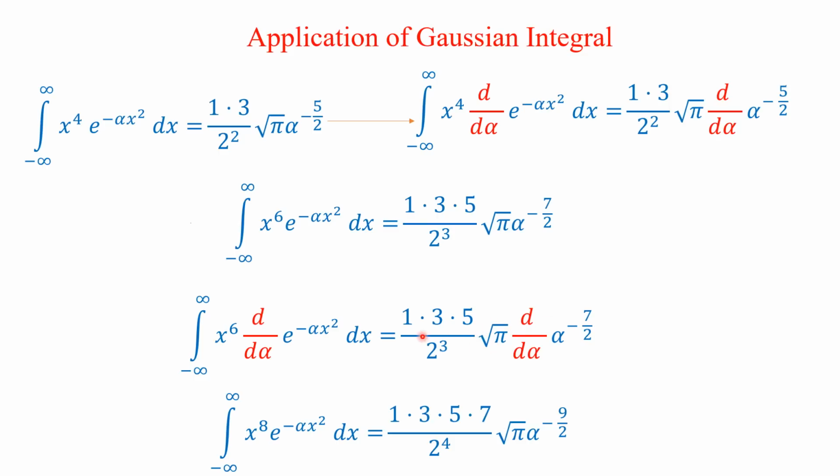Of course, I have ignored the negative sign because both sides you will always have negative sign. So this will be 7 by 2. So I have multiplied by 7 and 2. Already 2 cube is there, I am writing 2 power 4 square root of pi alpha power minus 9 by 2. So you can keep on differentiating with respect to alpha. Here you will always get the even power of x. So we will see the common result now.